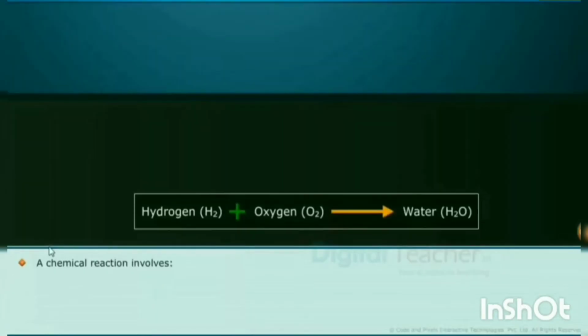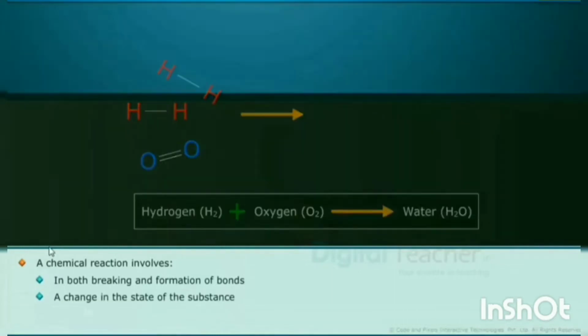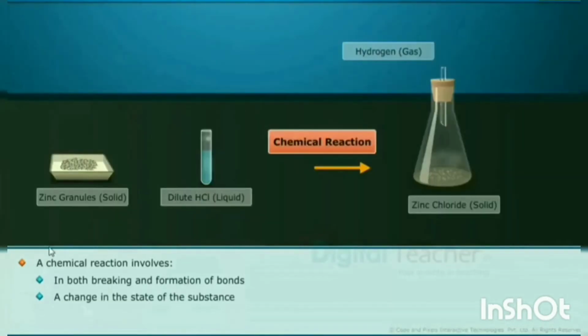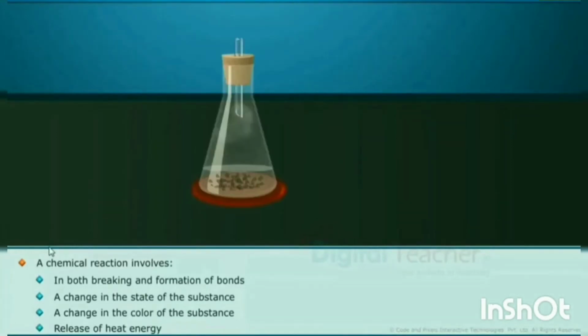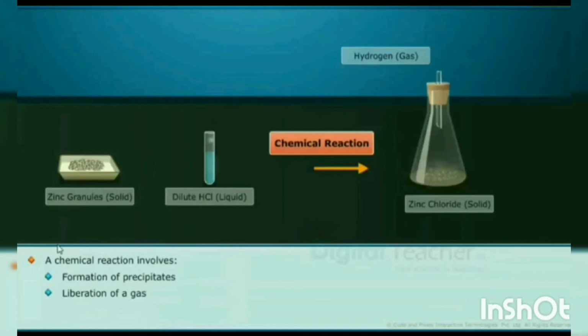So till now what did we observe is, wherever there is a chemical change, it involves both breaking and formation of bonds, a change in state of a substance, a change in color of the substance, release of heat energy, formation of precipitate, and liberation of gas, or you can say evolution of gas.